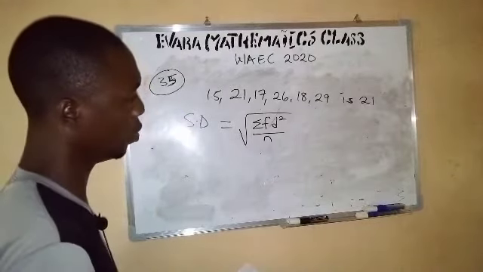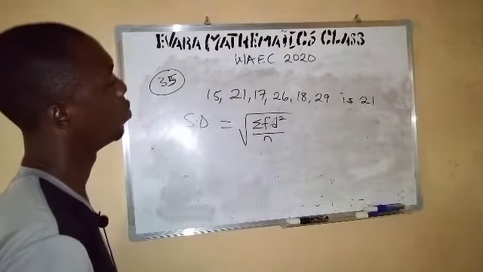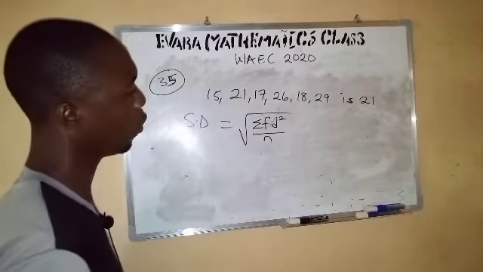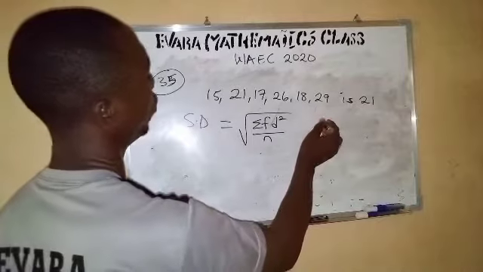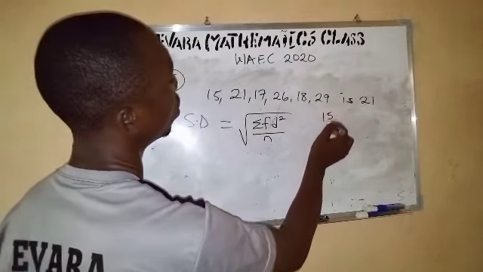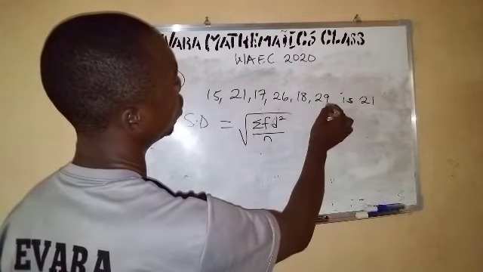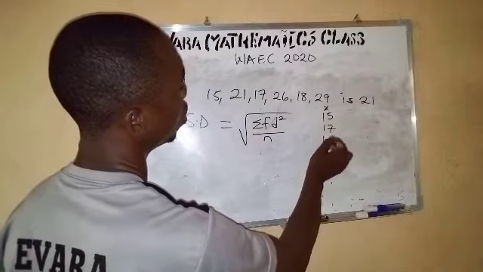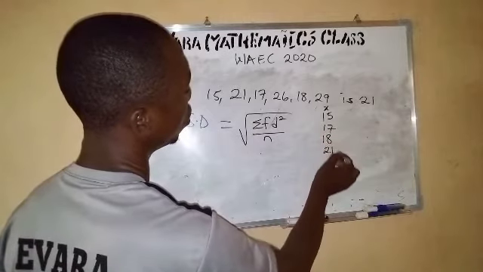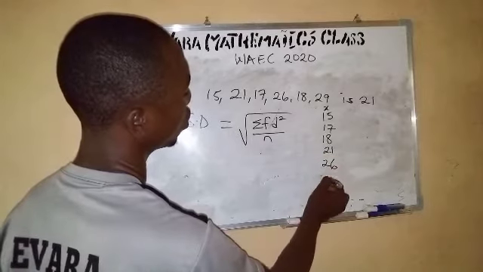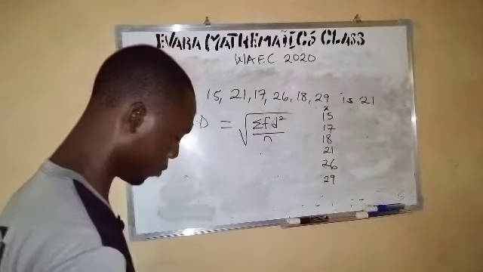What's the meaning of this? We have to form a table for the values. This is our x: 15, 17, 18, 21, 26, and 29.